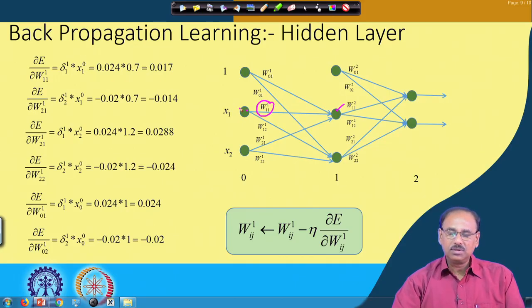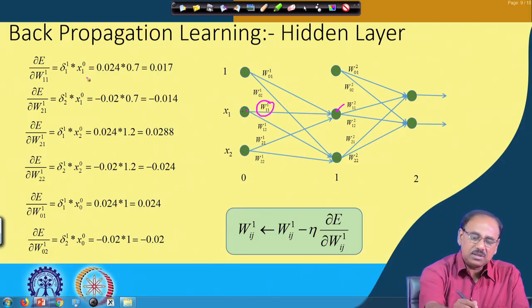What is x10? x10 is the output of the first node in the 0th layer. In this case, the 0th layer is the input layer, and we said earlier that every node in the input layer gives an identity function. That means, whatever is the input, it simply passes that to the output.